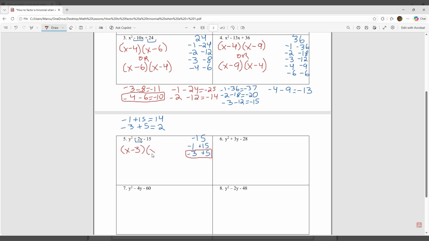It does not matter which number goes first, as long as those are the 2 numbers that you're using. Make sure you have this down on your paper. Again, if you need more time, just pause the video, take notes, make corrections. Please pause the video and try question number 6.